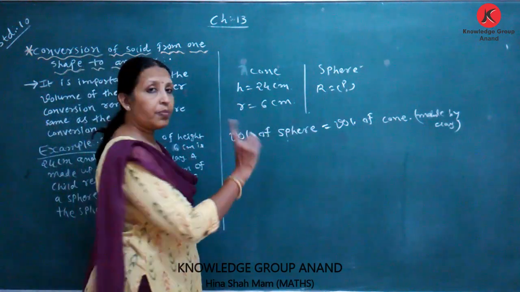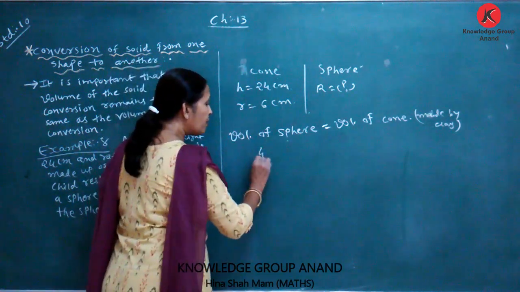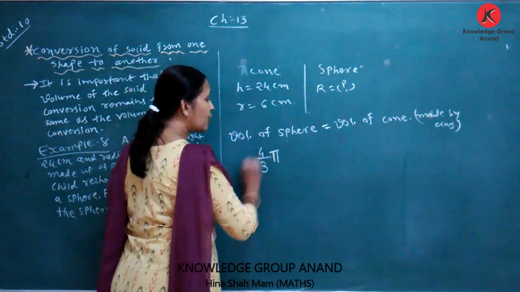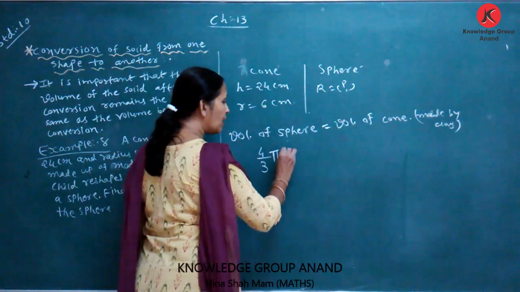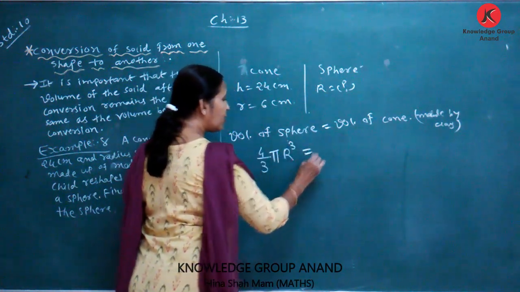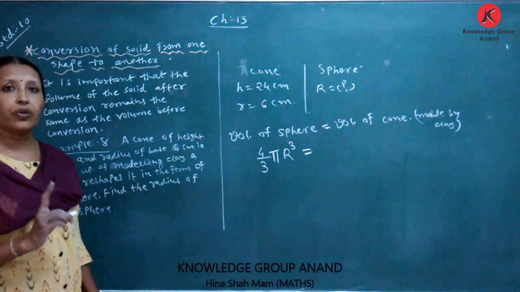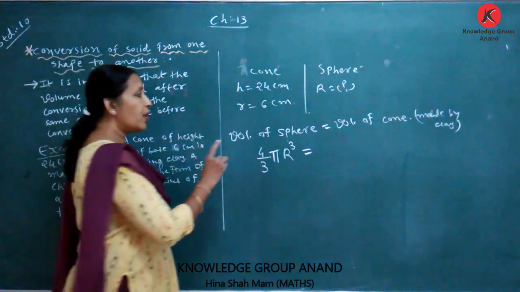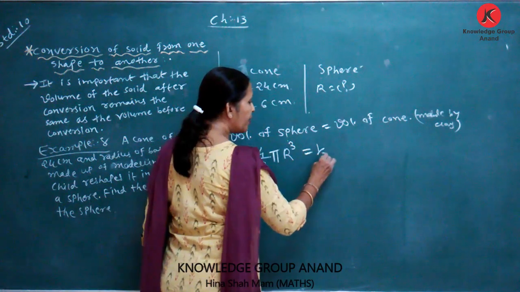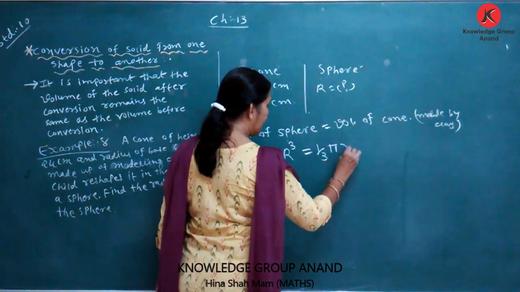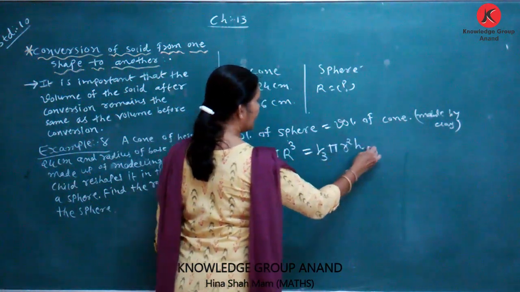What is the formula of volume of sphere? 4 by 3 pi r cube, equal to volume of cone. What is the formula of volume of cone? 1/3 pi r square h.